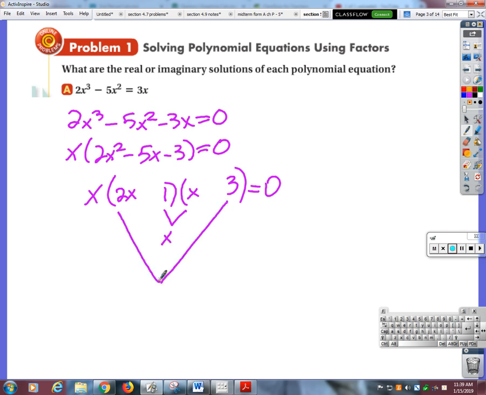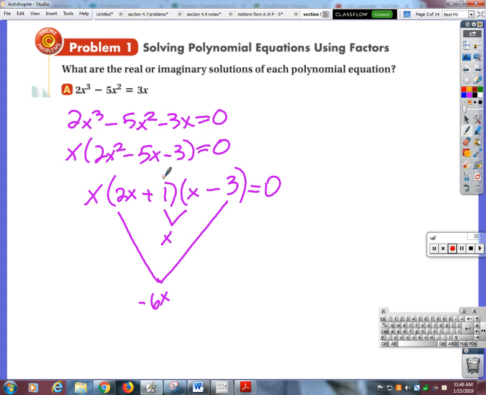What would this one give me? 6x. Is there a way that I can combine the 6x and the x to get a negative 5x? Yes. If this is a negative 3, then this will give me a negative 6x. And if this is a positive 1, then that will give me a positive x, and together those will combine to be negative 5x, okay?